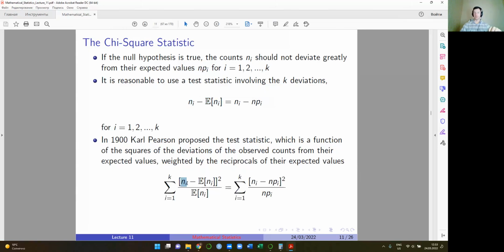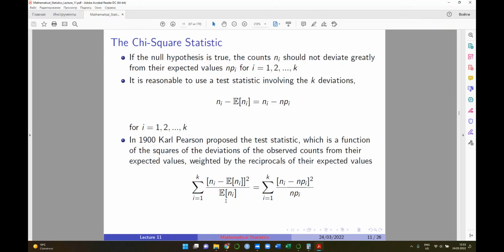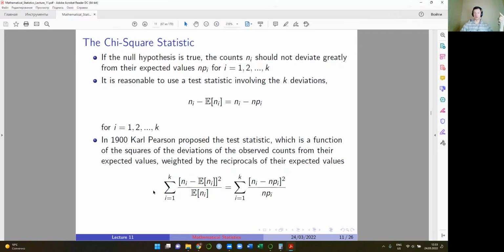So we take the observed value, subtract the expected value, square this, and divide by the expected value. And then we sum all of them in order to get this test statistic. So this is the test statistic. The next question is, what is the distribution of this test statistic?